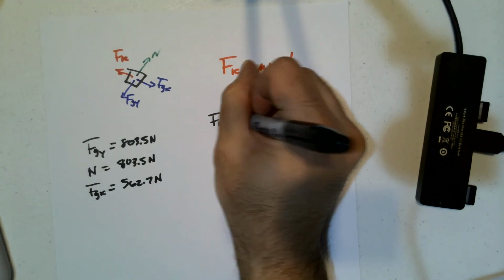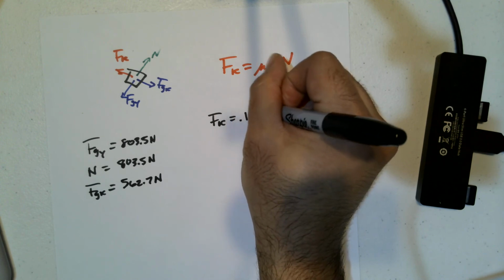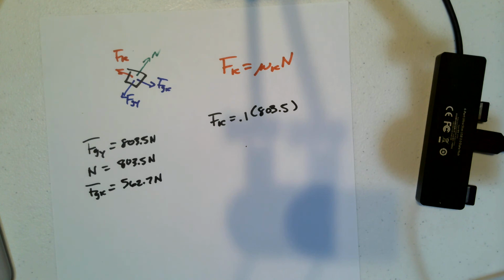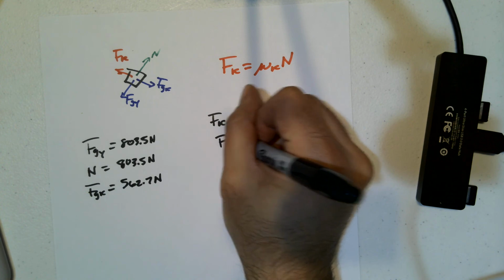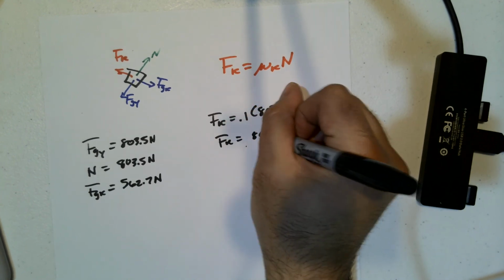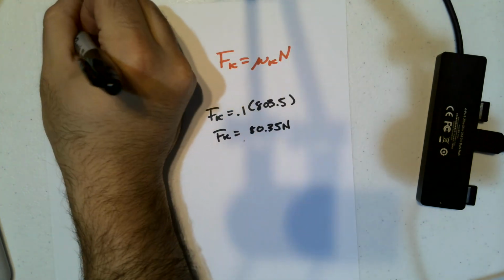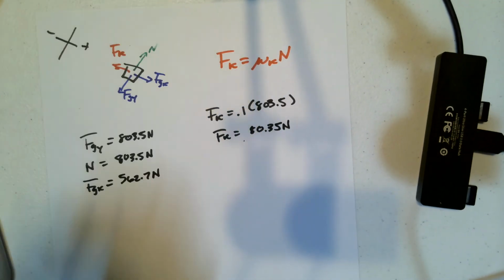We'll just plug in the numbers: 0.1 times the normal force, which is 803.5. We're basically using our work from the previous problem to move quickly through this. And what we get is a force of kinetic friction of 80.35 newtons, and that is in the negative direction as opposed to the positive direction.